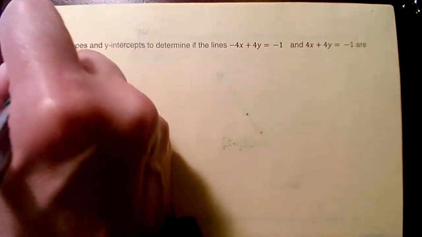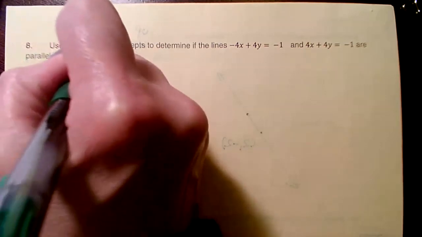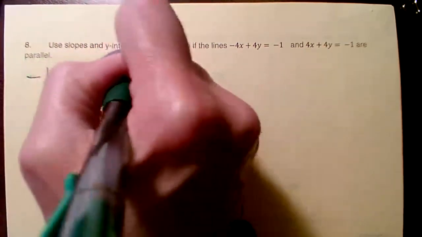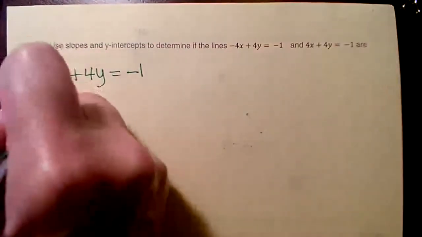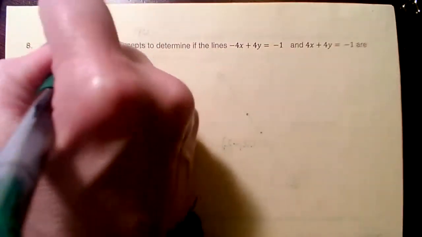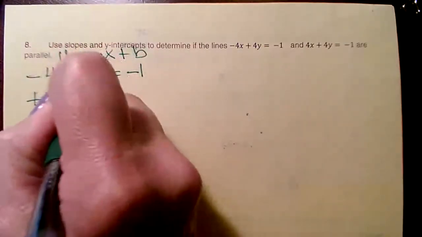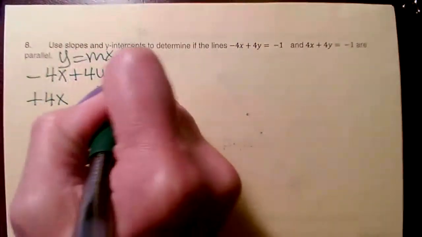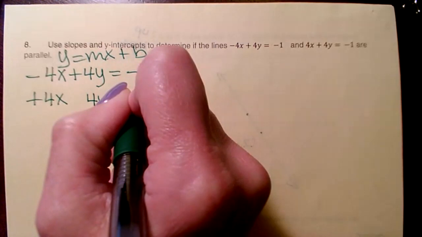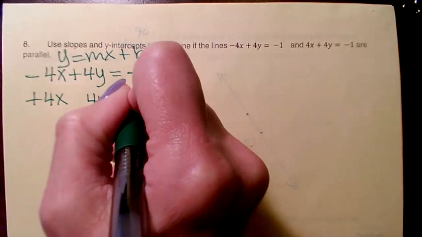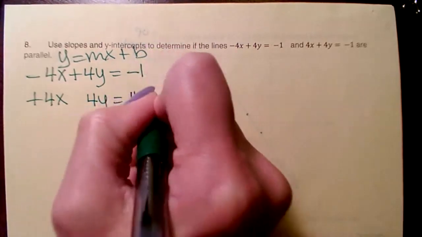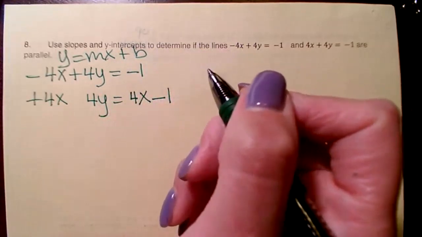So we have negative 4x plus 4y equals negative 1. I need it in the form of y equals mx plus b. So it's going to be 4y equals 4x minus 1, right?